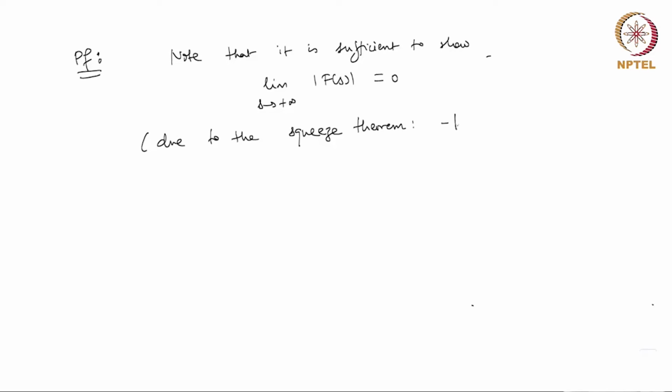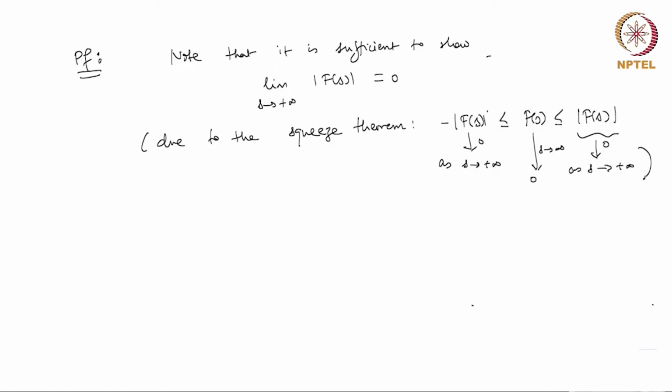So here we have minus mod of F(s) is less than or equal to F(s) is less than or equal to mod of F(s), and so if the limit of the modulus of F(s) goes to 0, then this part goes to 0 as s goes to plus infinity, and this part also goes to 0 as s goes to plus infinity. So the middle one also goes to 0 as s goes to plus infinity. This is the application of the squeeze theorem.